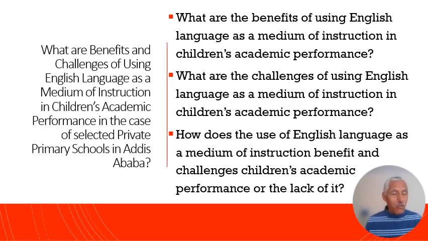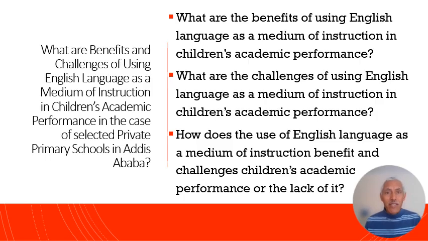So you have a research question that is trying to measure the benefits, and another research question which is helping you to measure the challenges, and then the third research question helps you to see if there is a relationship between using English language and its benefit in children's academic performance, or the challenge it poses to the academic performance of the students.